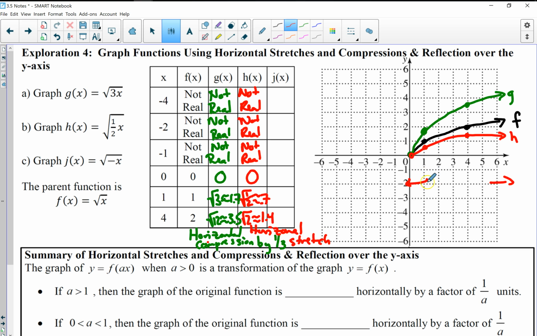And we'd want to talk about how we're stretching it, by how much. It's similar to what we saw before, that we're going to do division of our factor. So 1/2, it would be 1 divided by 1/2. And so overall we think of that as a value of 2. So it'd be a horizontal stretch by 2 here.